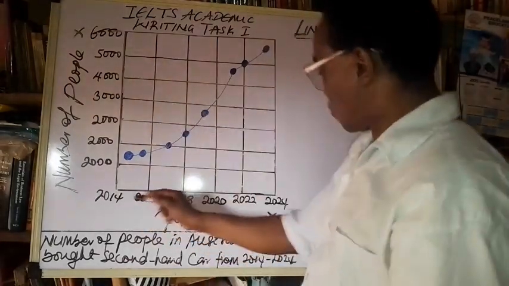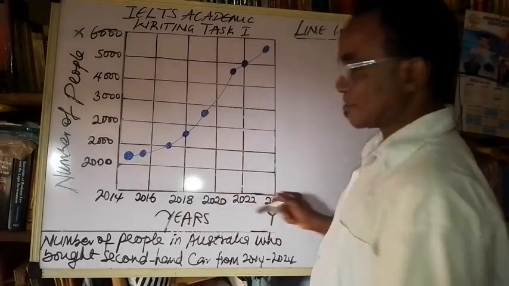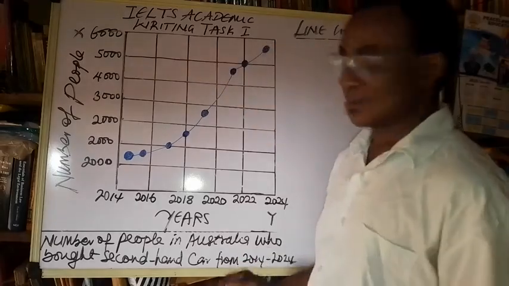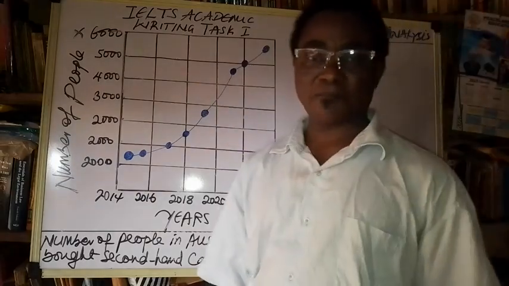The graph has two sides. This is horizontal and these are vertical.